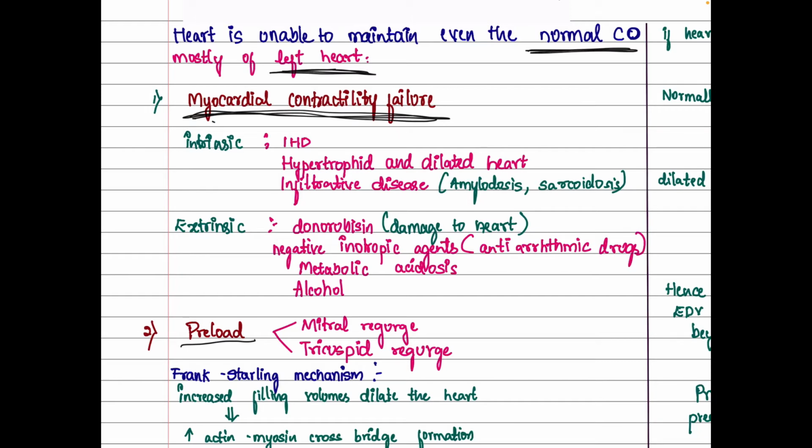Myocardial contractility failure is due to intrinsic and extrinsic causes. Intrinsic causes are ischemic heart disease, hypertrophy and dilated heart, and infiltrative disease like amyloidosis and sarcoidosis. Extrinsic causes are drugs like doxorubicin, which damage the heart, negative inotropic agents, metabolic acidosis, and alcohol.